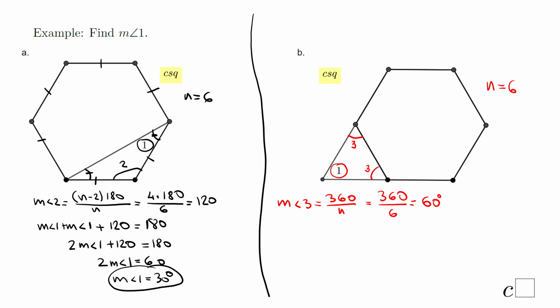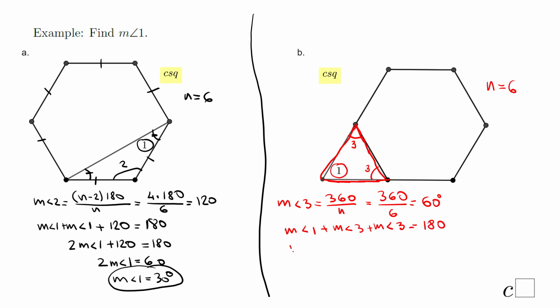Okay, and now we can find angle 1, because this is a triangle. This one here is a triangle, and the sum of the measures of interior angles of a triangle is 180. So that's the thing I'm going to write. The measure of angle 1 plus the measure of angle 3 plus the measure of angle 3, the sum of these 3 interior angles of that triangle, is 180.